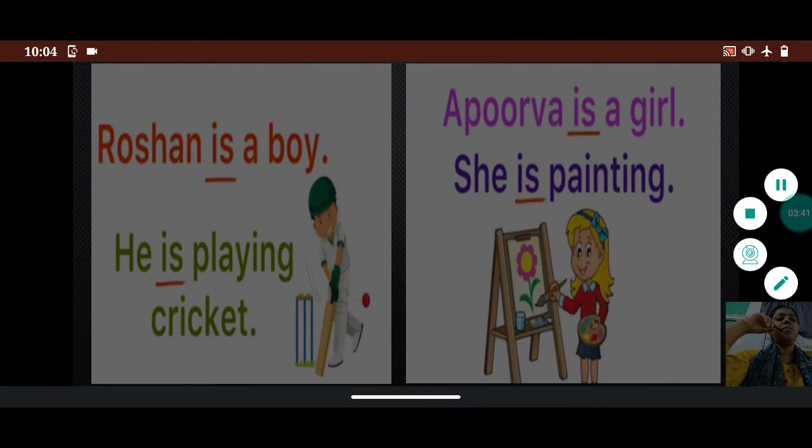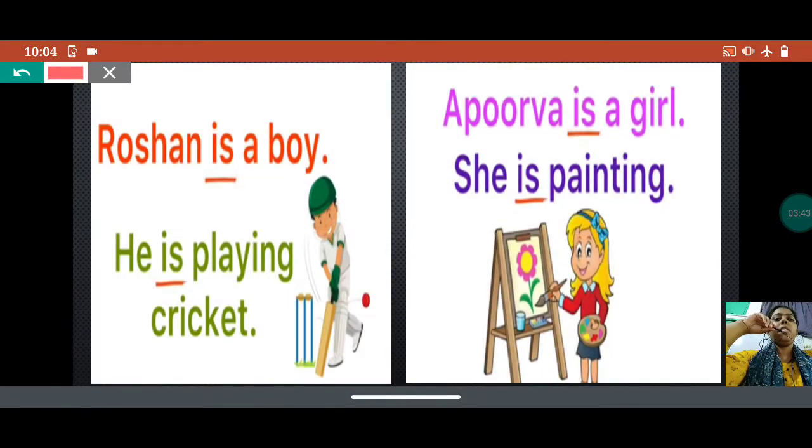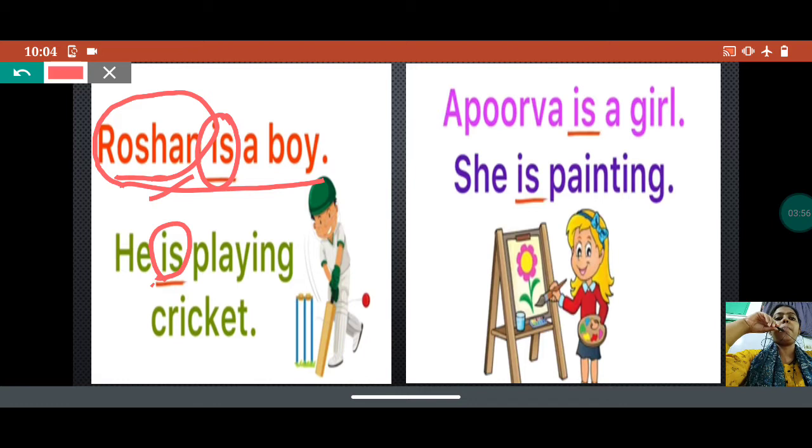Now let us see a few more examples. Roshan is a boy. Now we have used is. Why? Because Roshan is a singular male person. He is playing cricket. Whether we use a proper noun or a pronoun, for singular nouns we will always use is. Apurva is a girl. See, is is used with Apurva.